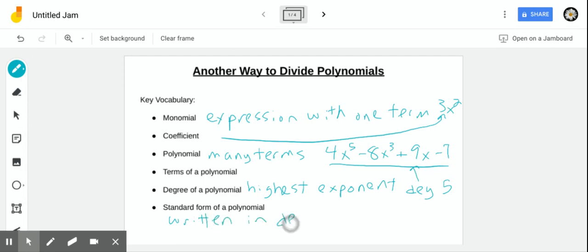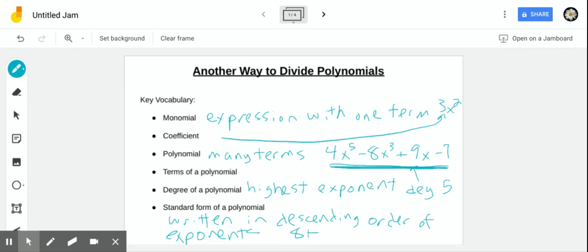And then standard form of a polynomial is when it is written in descending order of the exponents. You are really used to that. Okay, this one is written in standard form because it goes x to the fifth and then x cubed and then the x and then minus 7.